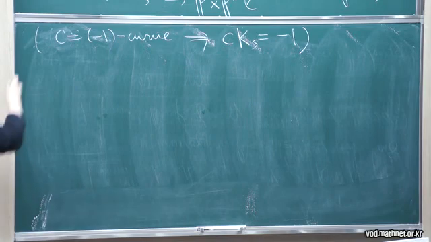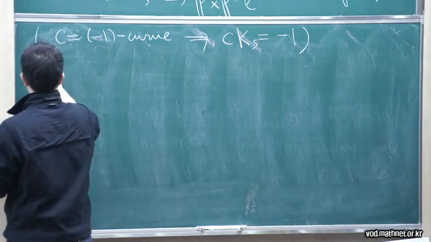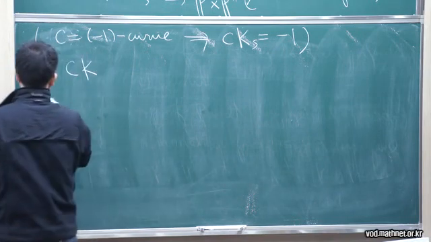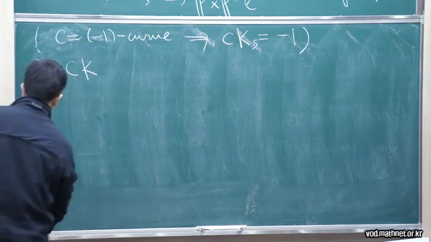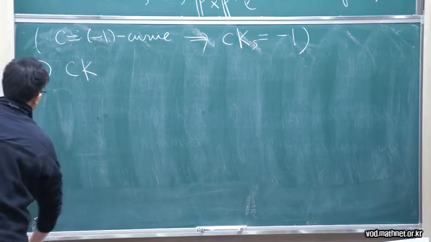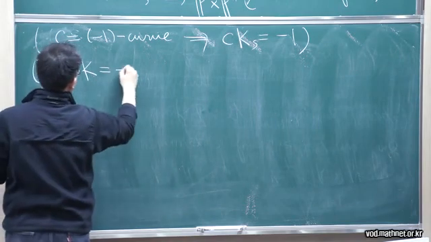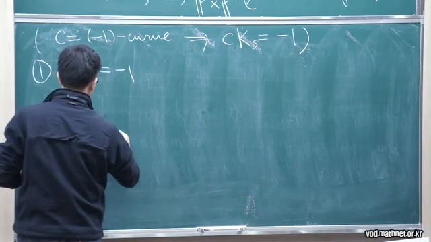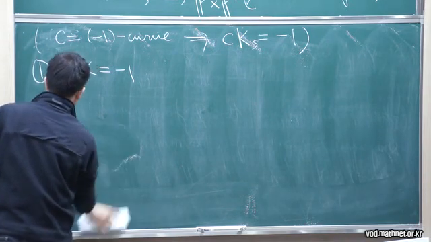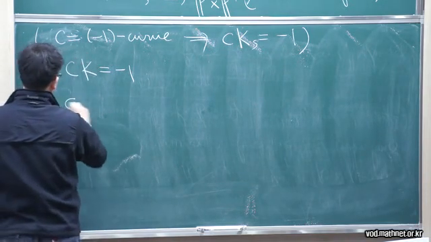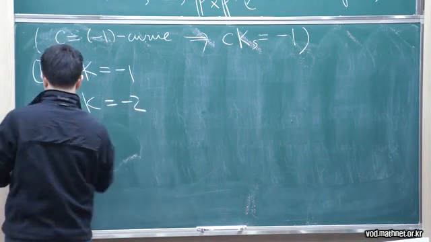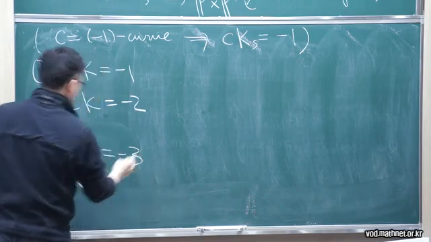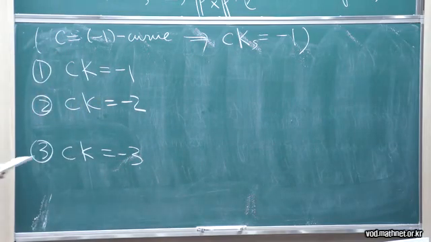So we have three cases: K dot C is -1, K dot C is -2, K dot C is -3. So we only have these three cases.